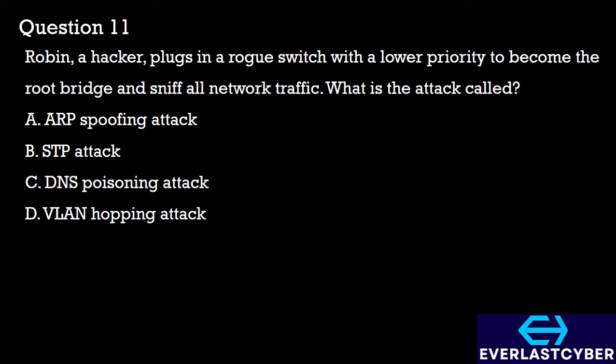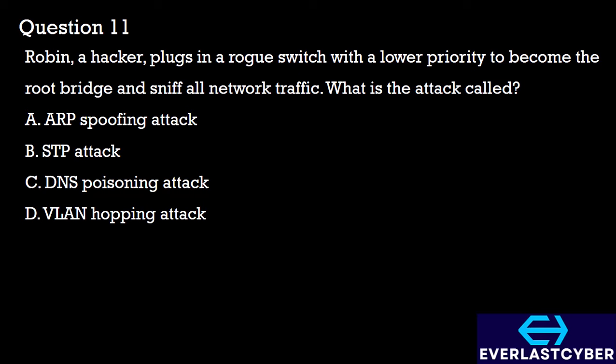By introducing a rogue switch with a lower priority, Robin can manipulate the STP process to make his switch the root bridge of the network. Once the rogue switch is the root bridge, it can intercept and sniff all network traffic passing through it. This type of attack is called the spanning tree protocol attack, and it is specifically a root bridge spoofing attack.